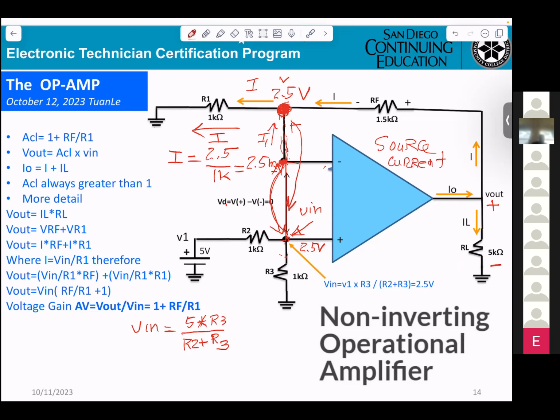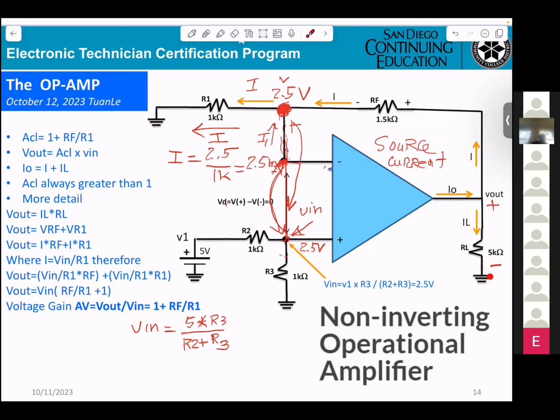Remember, in the path, when we get current going in, that's what we call a sink current. And this current basically coming out from the op amp, that's what they call a source current. And Mr. Pham, also you said your current has got to go plus to minus, not minus to plus, right? Yeah, they go from plus to minus.